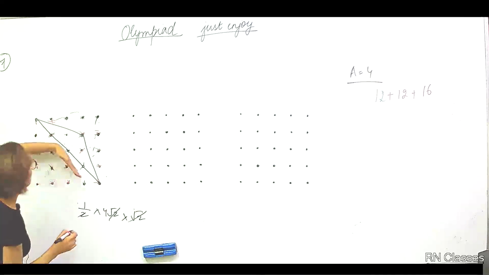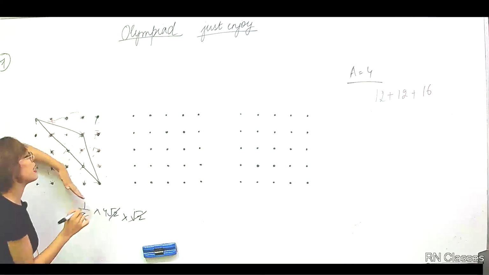Again 4. So this is one such isosceles triangle whose area is 4.